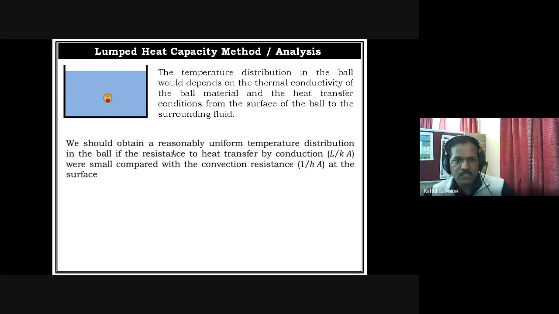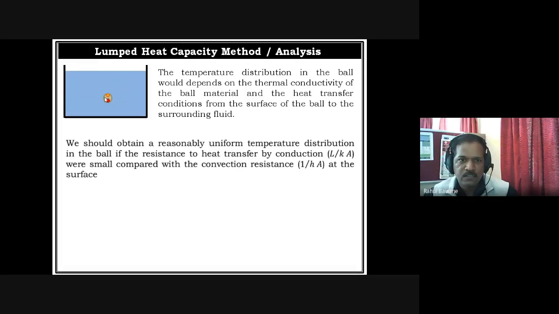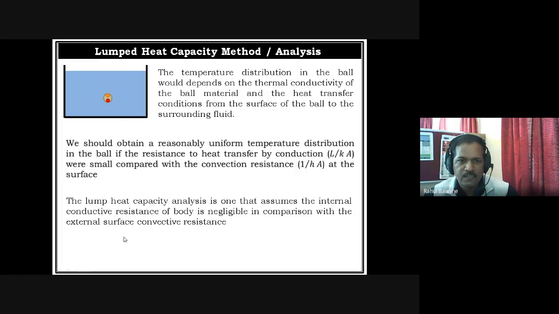We should obtain a reasonably uniform temperature distribution in the ball if the resistance to heat transfer by conduction were small as compared to convection resistance at the surface. That means we are choosing such a small object that the conduction resistance is negligible, almost zero, and there is only convection resistance.